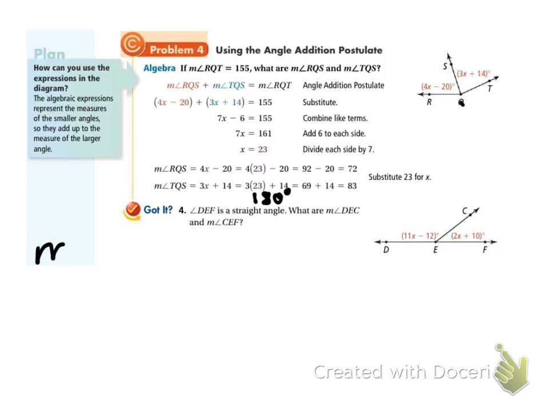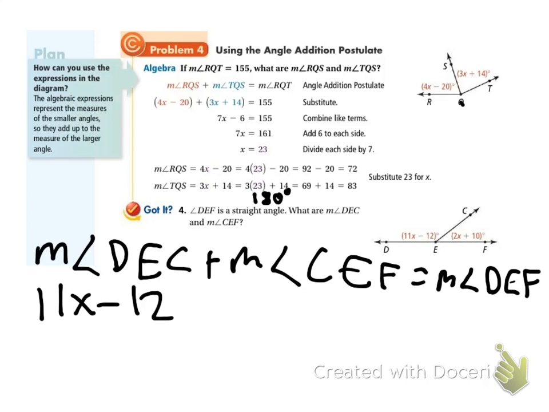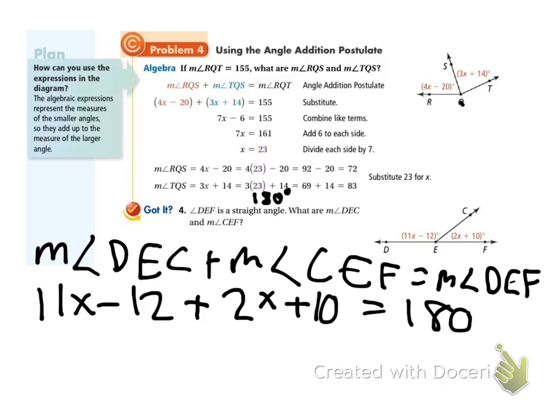So, the measure of angle DEC plus the measure of angle CEF needs to equal the measure of angle DEF. Now I can plug in my expressions. 11x minus 12 plus 2x plus 10 equals 180 degrees. And now I can solve algebraically.